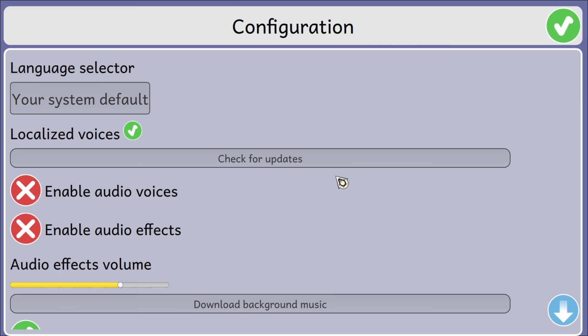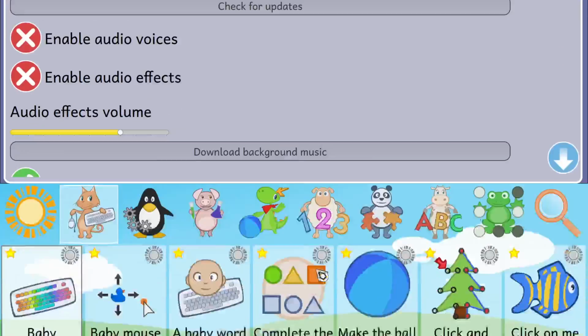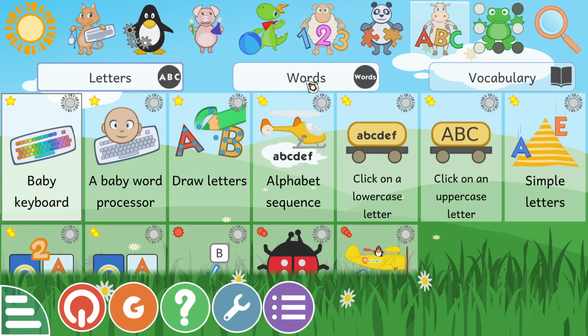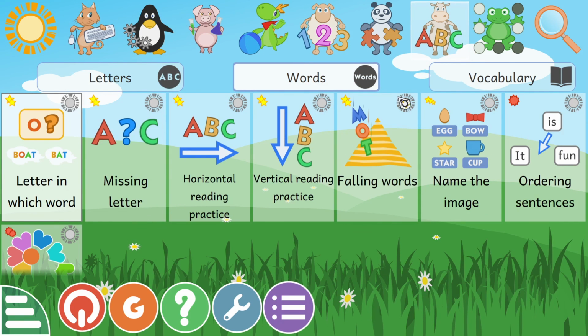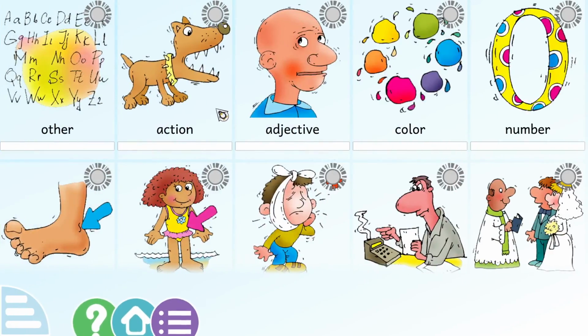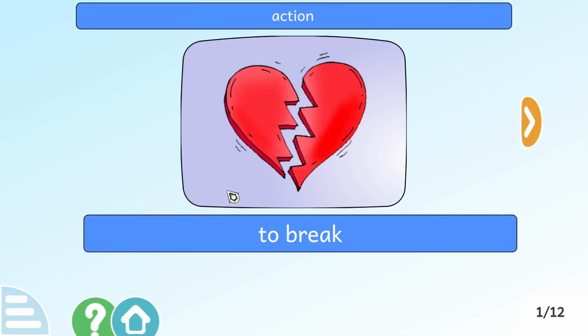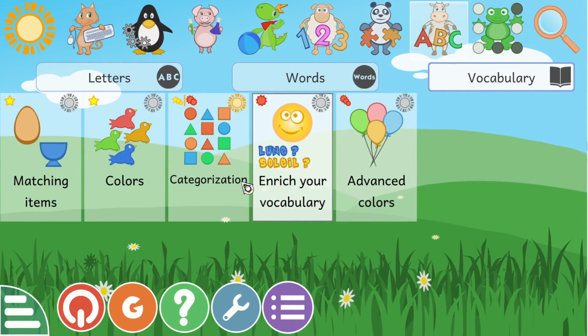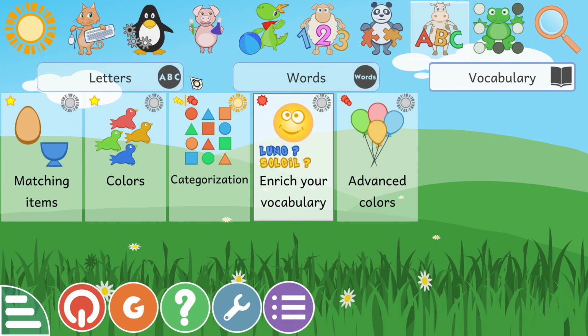So when I click on an item, it'll say things, and when you go into enrich your vocabulary, I'm pretty sure when you go into actions, there'll be people that say things. So you can hear someone saying it, it won't be my voice, and they're all pre-canned recordings. It can help if you're looking to study by yourself.